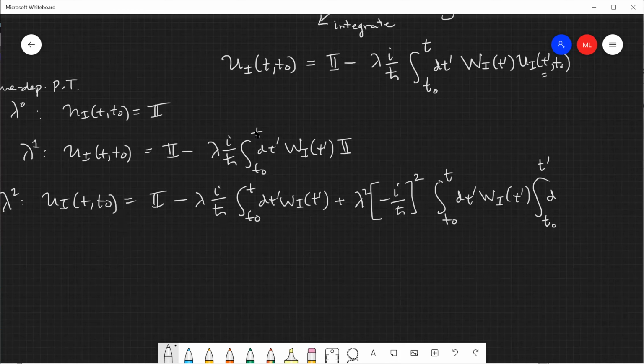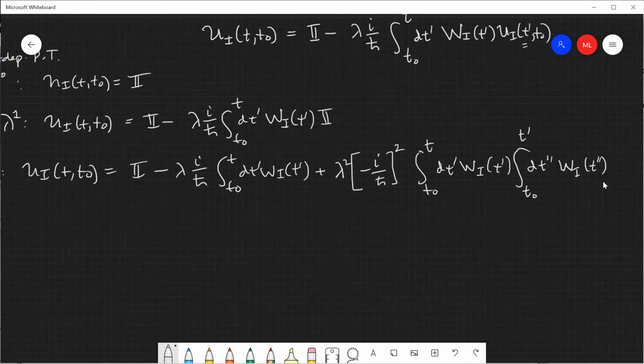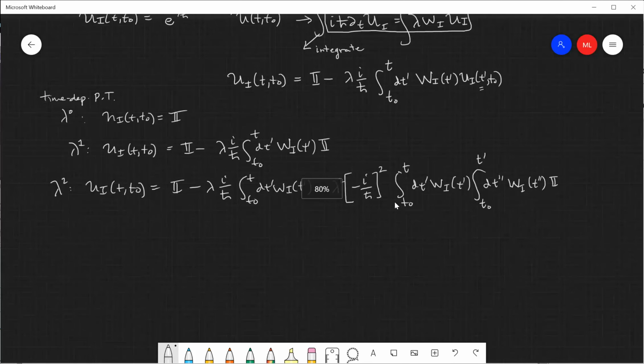So now we have to introduce another integration variable, t double prime, and this is going to be W_I(t double prime). And now it's just the identity, because anything of higher order will be lambda cubed. And so you can keep going with this. You can just keep back substituting in the previous order and just keep going to higher and higher orders in lambda.